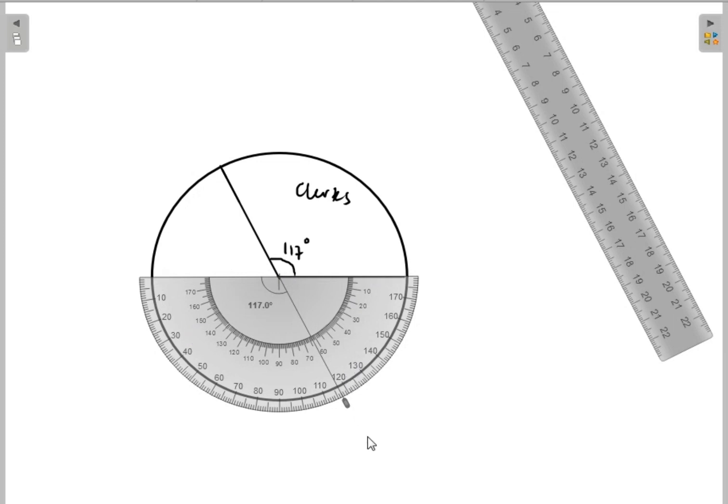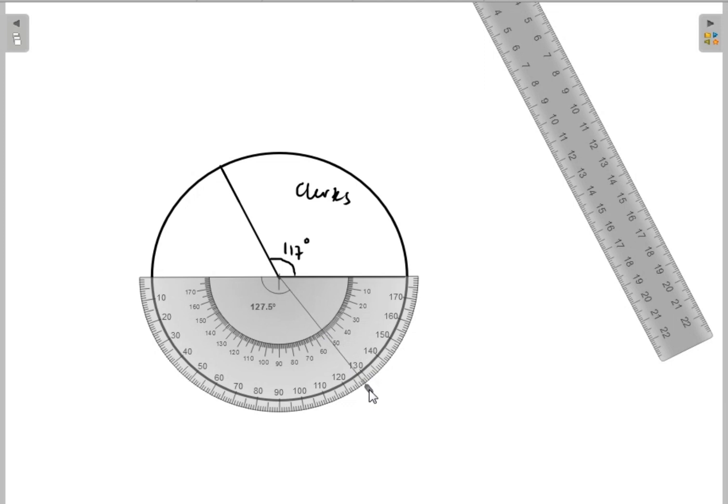Then we'll measure 54 degrees. You see this is still 117, so we'll move it to 54. I think this 54 should be somewhere here.